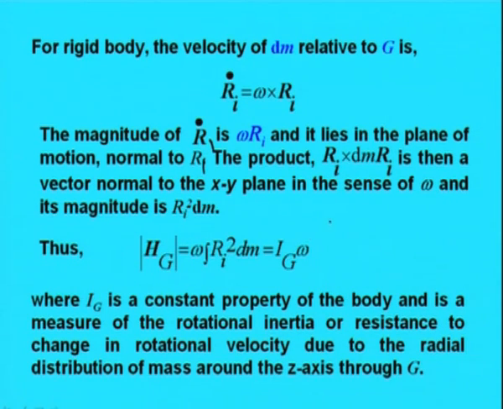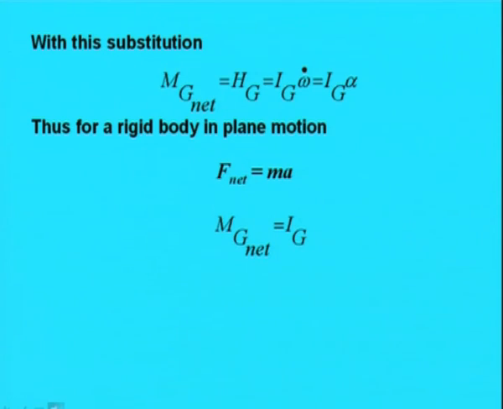So this is about this one, and then you have now Mg net is equal to Hg dot, that is Ig times omega dot, or this becomes Ig into alpha. So thus for a rigid body in plane motion, you have two equations of motion.